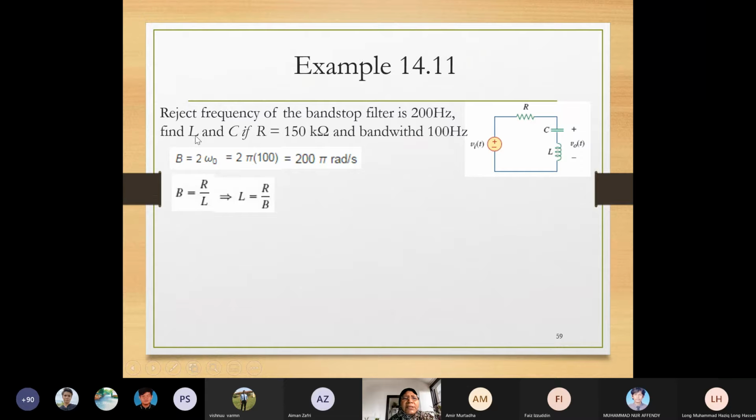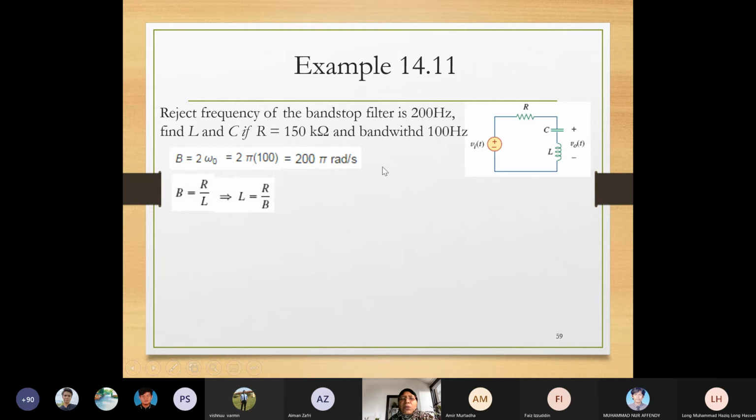You are to find the required value of the inductor and capacitor if this resistor is 150 kilo ohms, and given the bandwidth of this band stop filter is 100 hertz.